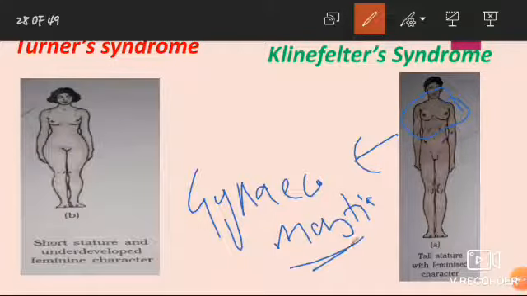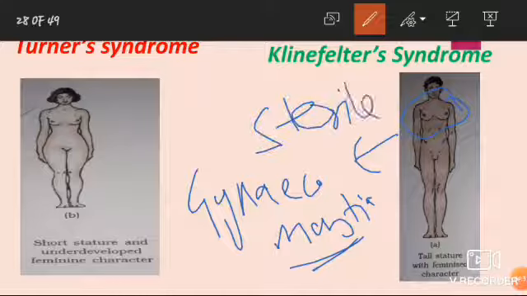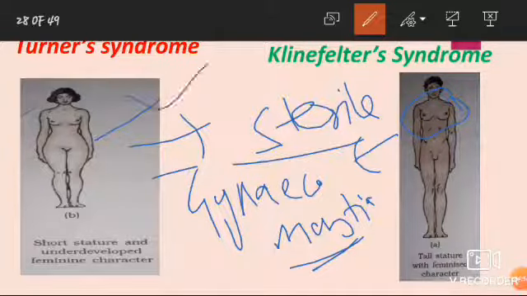Gynecomastia means in males when development of breast occurs more than normal, and these individuals are also sterile. In both the syndromes, both are sterile. This female is also sterile and this male is also sterile.